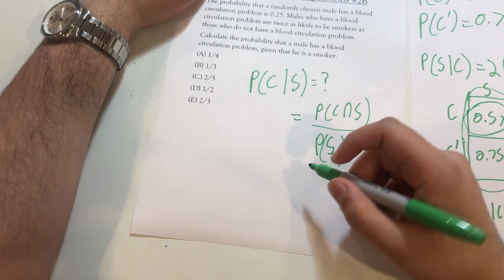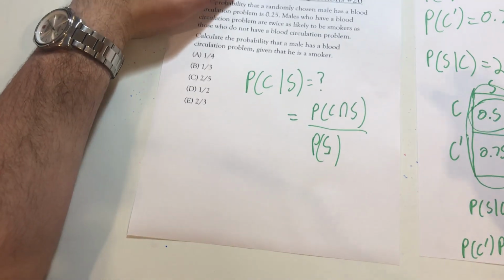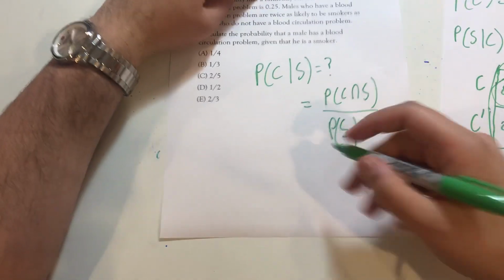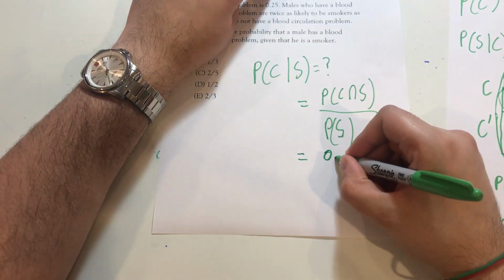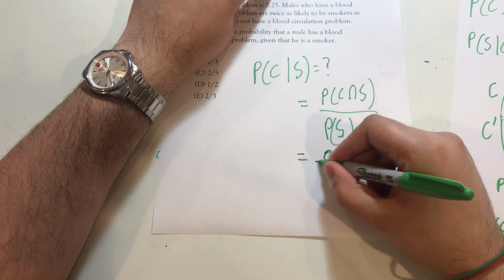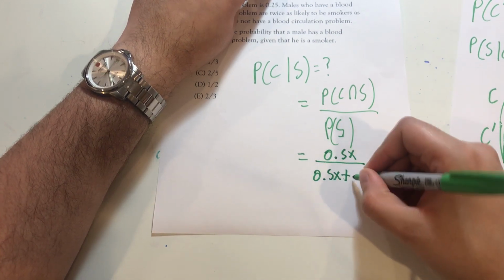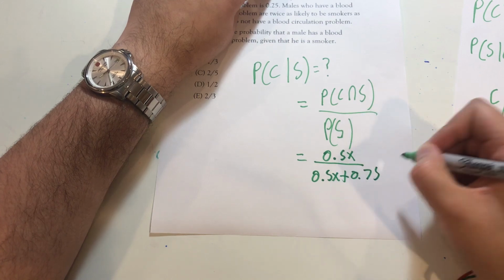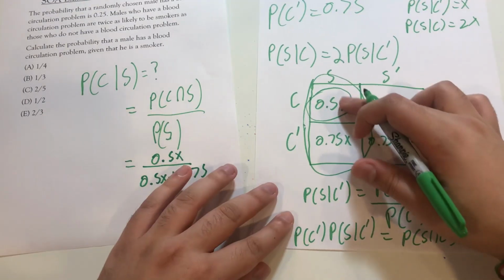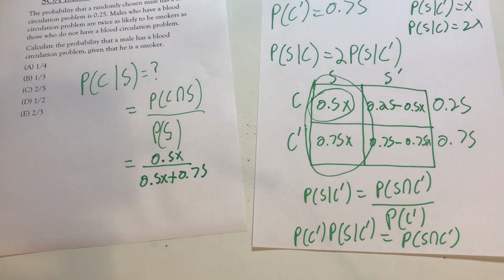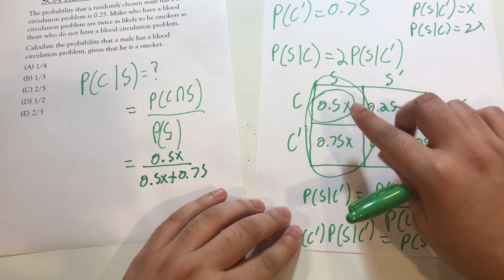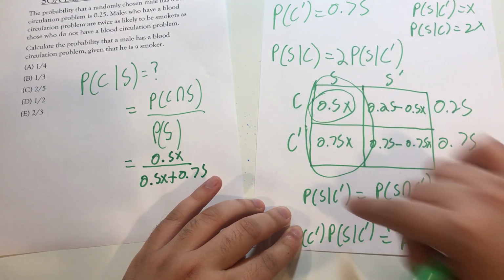And that is equal to, let's see here, 0.5x over 0.5x plus 0.75. Right? Hopefully that can be seen there, right? It's this divided by the probability of being a smoker.